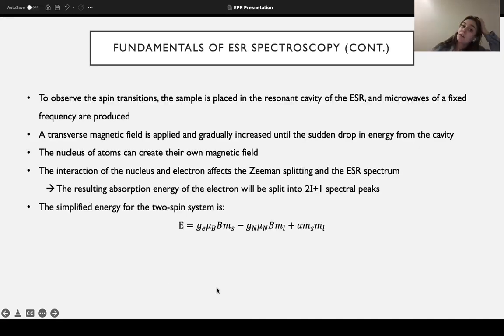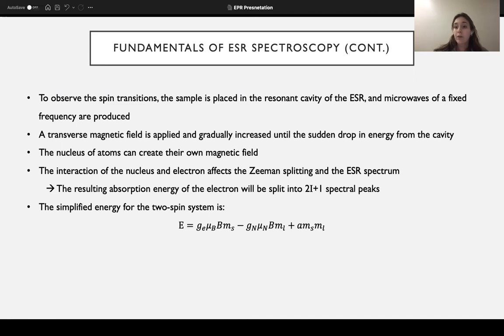To observe spin transitions, the sample is placed in a resonant cavity of the ESR, and microwaves of a fixed frequency are produced. A transverse magnetic field is then applied and gradually increased until there is a sudden drop in energy from the cavity.